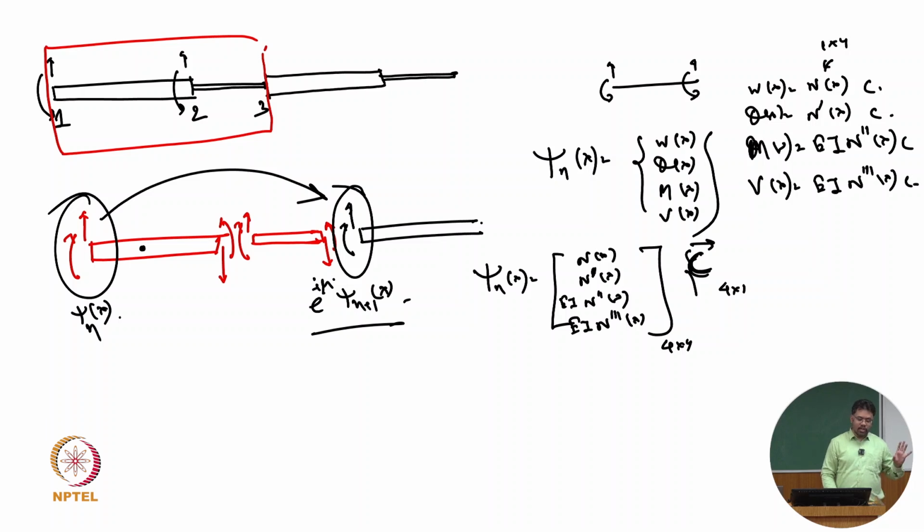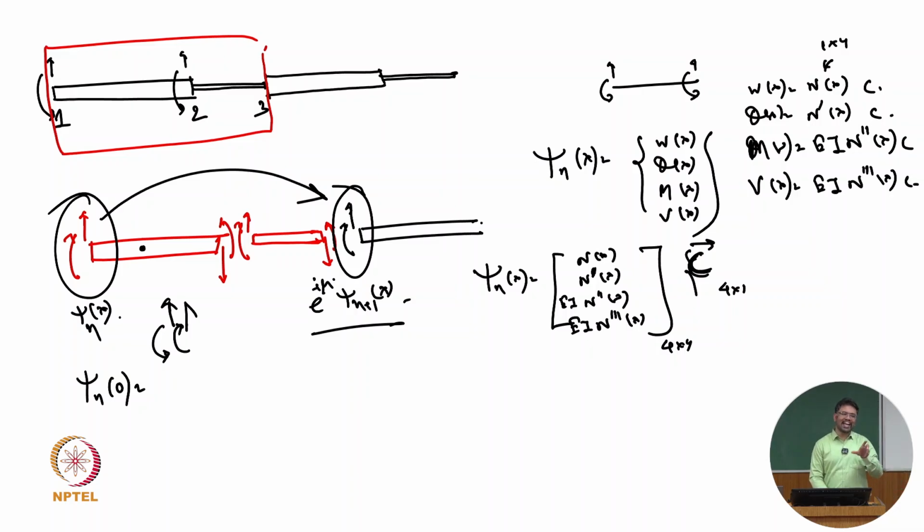No problem. Now, good point is where, suppose I put phi n 0, then what will be the direction of all those things? My displacement will be upward. If I think of phi n 0 left side, displacement upward, rotation anticlockwise, shear force upward, bending moment clockwise.